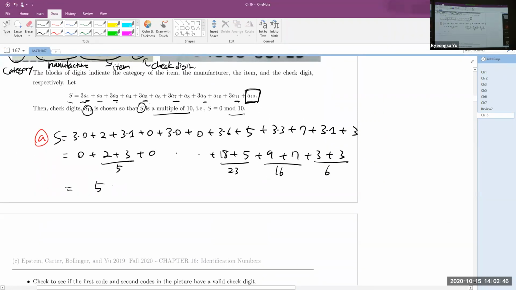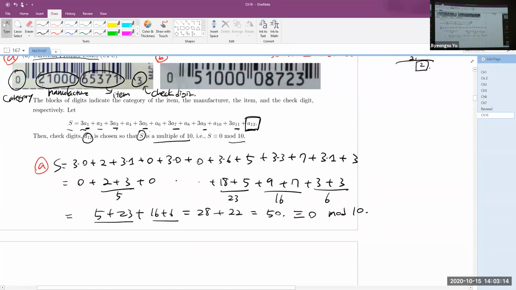So it is 5 plus 23 plus 16 plus 6, and this number gives you 28. This number gives you 22. So it is 50, right? And definitely it is 0 mod 10. So number A is a valid UPC.